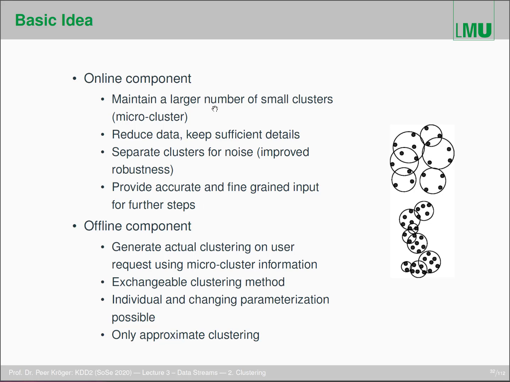But as long as the aggregations, the summaries, are accurate, the approximate clustering will also be quite accurate. Typically, the clustering method is quite exchangeable, so we are somehow model agnostic in that case. But we'll see that different types of summary information are tailored to different clustering methods.